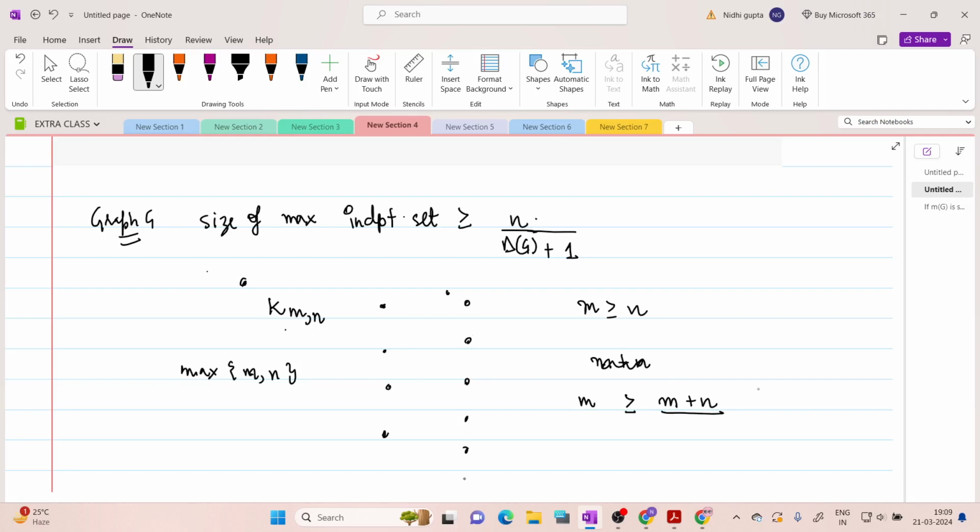What is the maximum degree of this graph? The bigger one. So M.